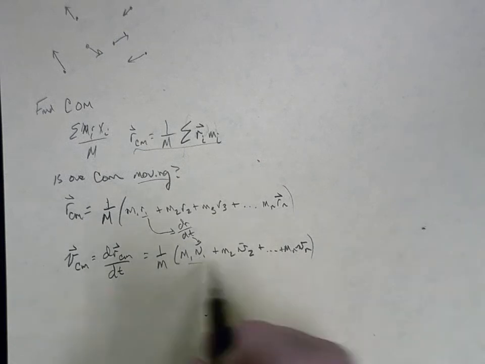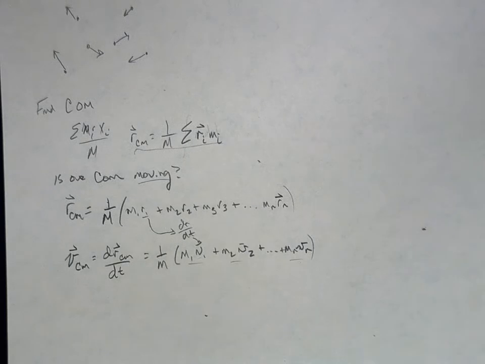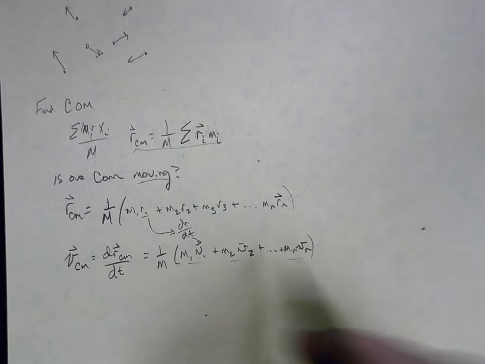But what are each of these? Well, m1v1 and m2v2 and mNvN, those are all the momenta of each individual thing.